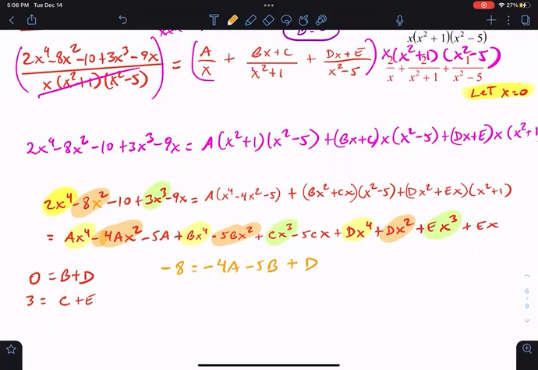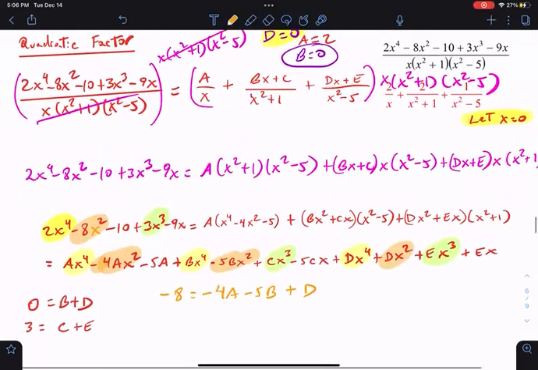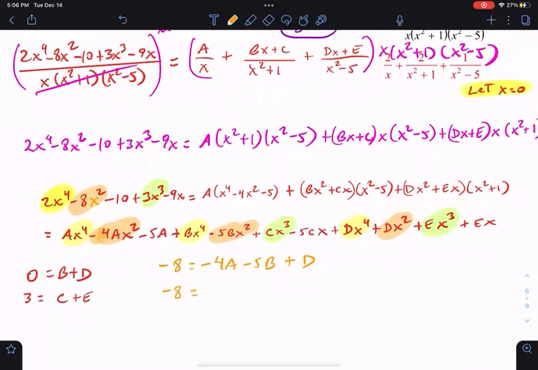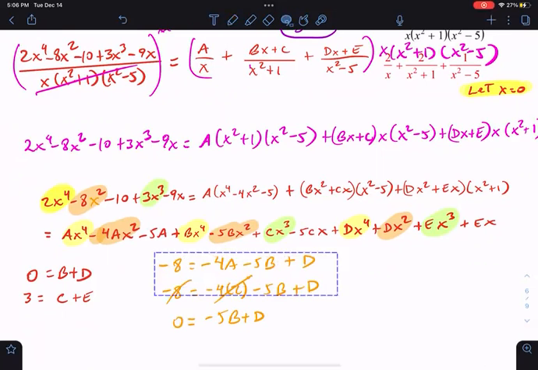And then we know that, for example, here we know that a equals 2. So -a, -4 times 2 minus 5b plus d. So this is -a, so this cancels with that. So -5b plus d, it should be equal to 0, right? So that's the other part.